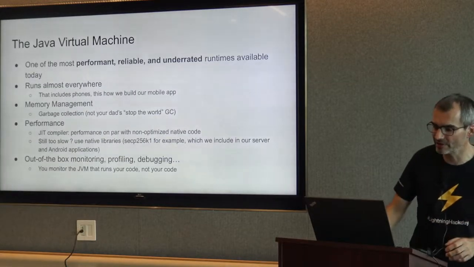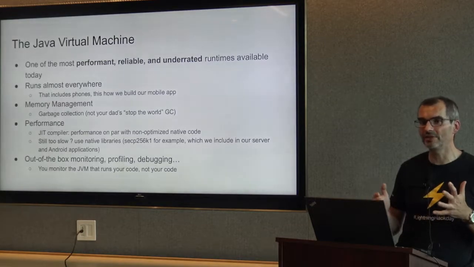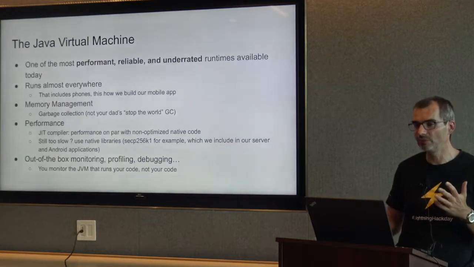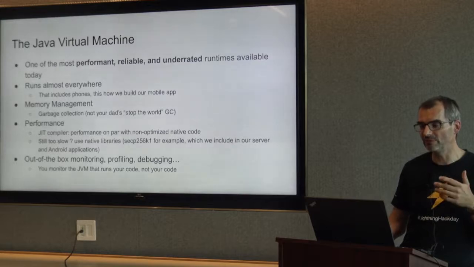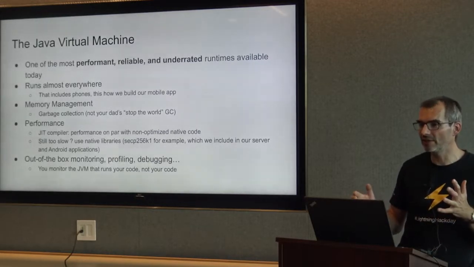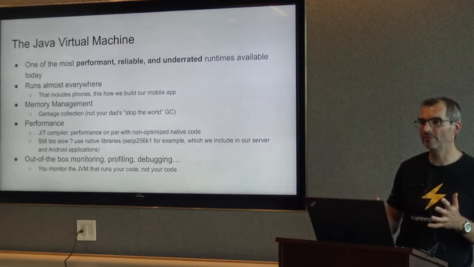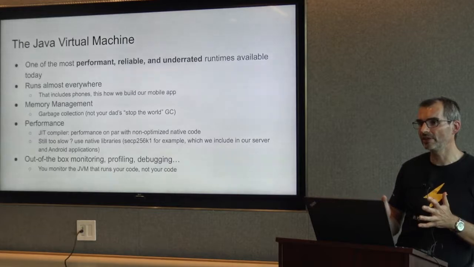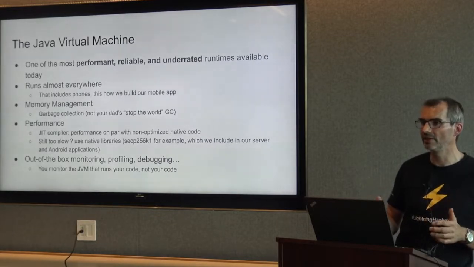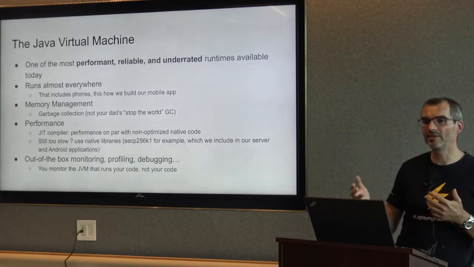So the JVM, as I said, I believe is one of the most performant, reliable, and underrated runtimes you can think of. It actually runs everywhere from mobile devices to really large servers. It has what I think is probably the best garbage collection and memory management you can find today. It uses garbage collection, so you don't explicitly deallocate memory.